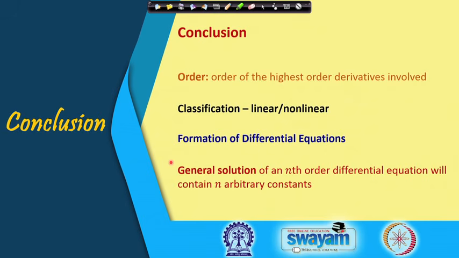So, there we have to keep on differentiating this n parameter family of curves n times, and then from the set of n plus 1 equations, we have to eliminate these parameters, and then we will get a relation of the dependent variables, independent variables and their derivatives, which is the differential equation.